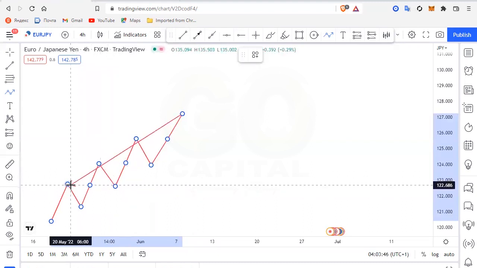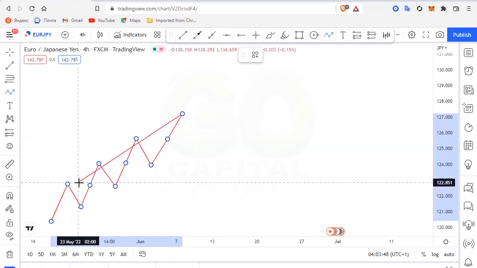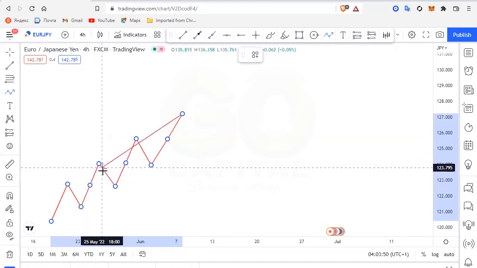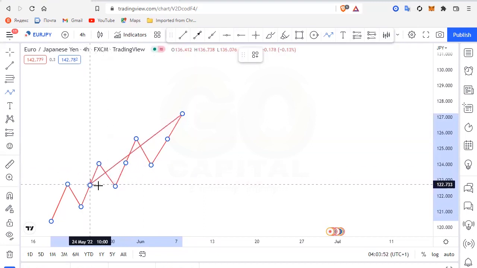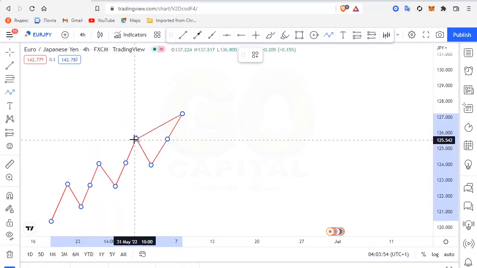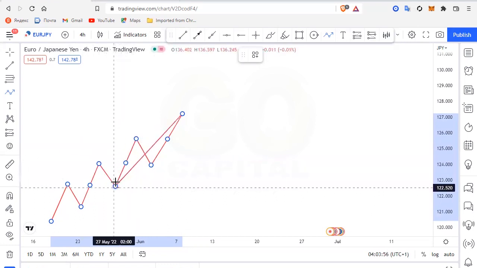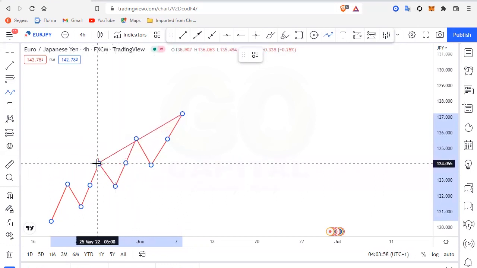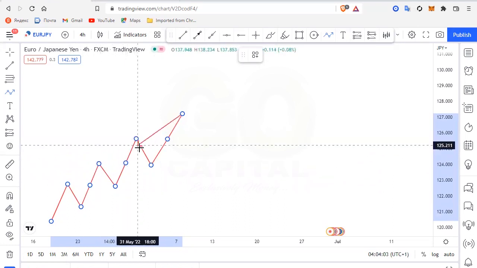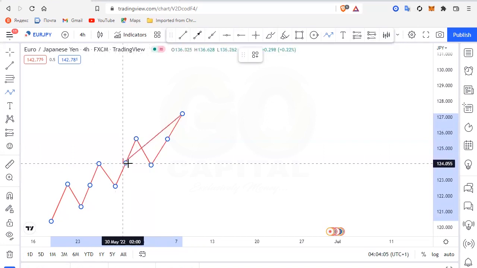You put a buy limit here, because the market will surely come down to that place and buy again. Maybe you missed this one, so you wait for it to go above this price level significantly. It will come down again to this level. This is where you place your buy limit.